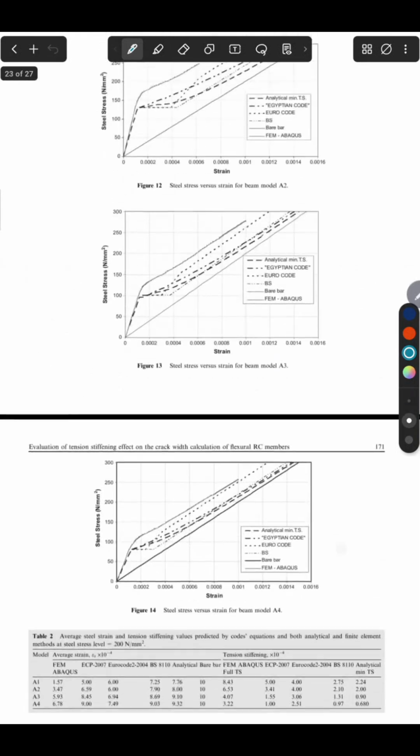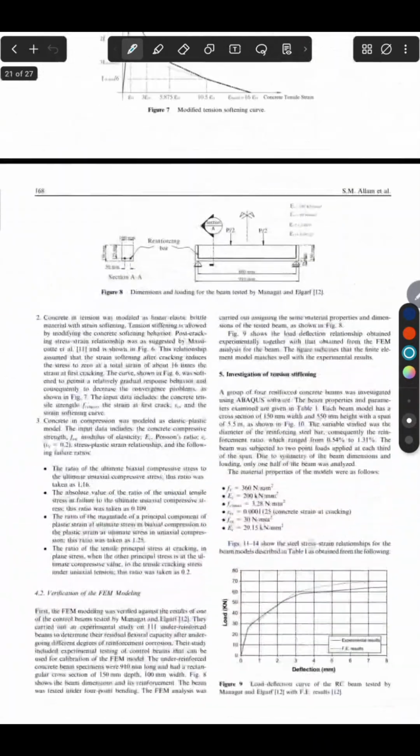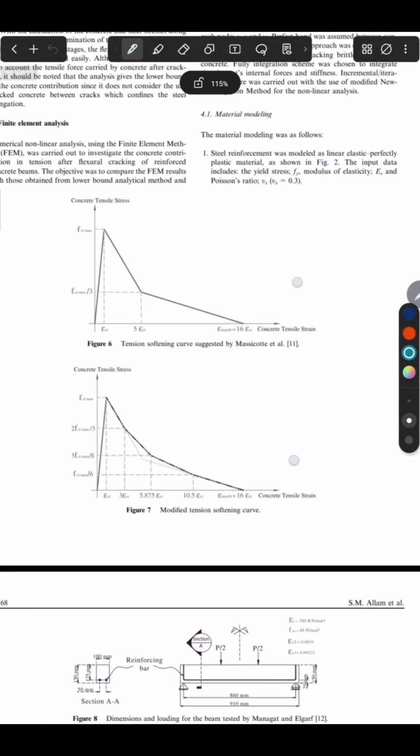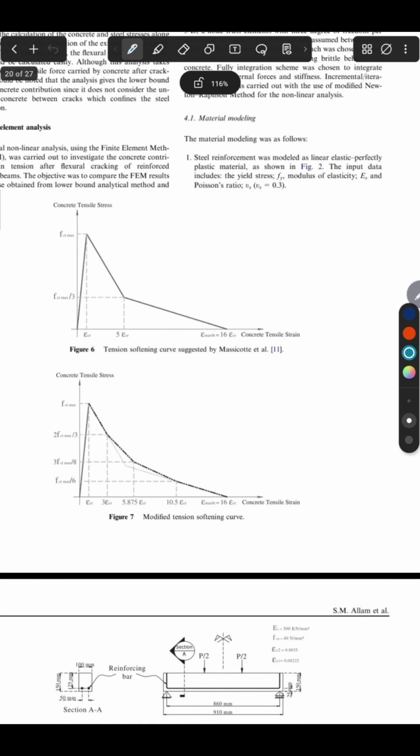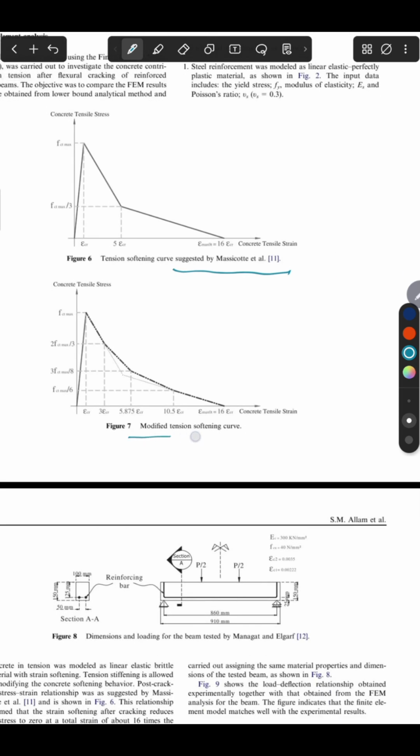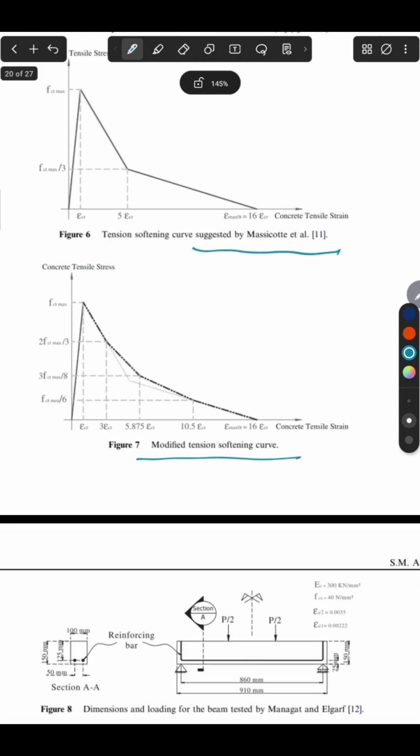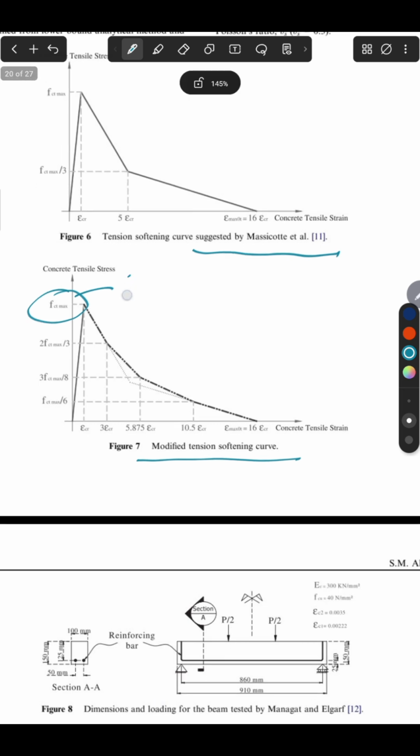So from this paper they also developed a tension softening curve. You can see first the tension softening curve suggested by Somosi and second the modified tension softening curve. In this we have more described regions. For example, our first FCT max, this value, this is FT naught, which is 0.7 under the root FCU as per IS code.